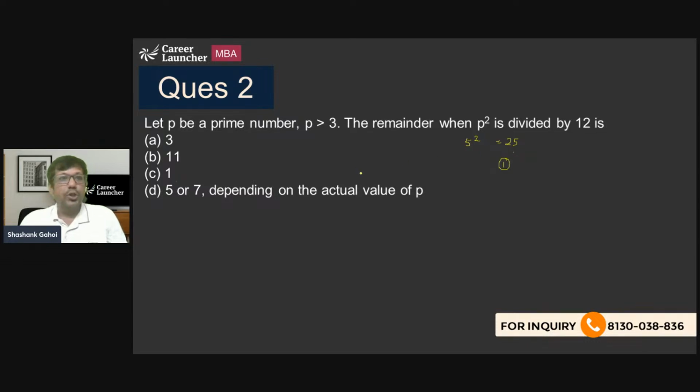So 3 cannot be the answer, 11 cannot be the answer, and 5 or 7 cannot be the answer because I am getting remainder 1. So the answer of this question is option C. Just plug in the values and you will get the answer. This is how we can approach these kinds of questions. Very nice, Kashvi.